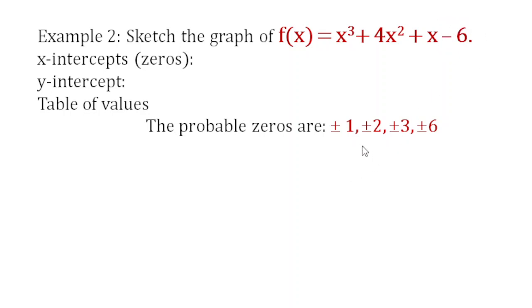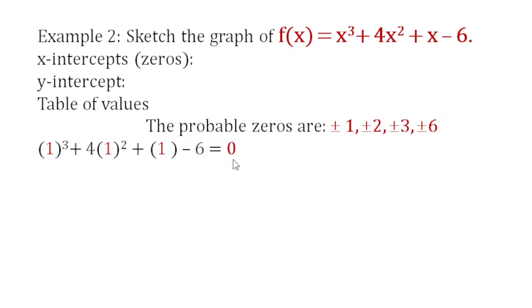Now we are going to try each of these numbers to find the zeros or the x-intercepts. And of course, there are other ways to find x-intercepts. Here we will just use this method. We are going to evaluate the function at these values of x.